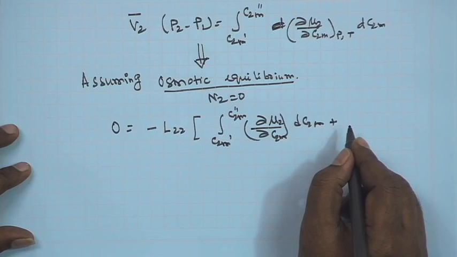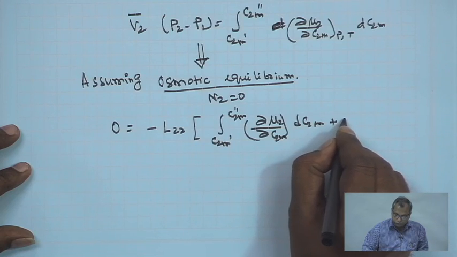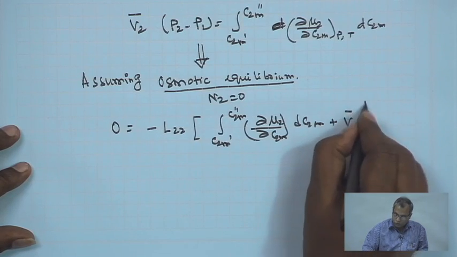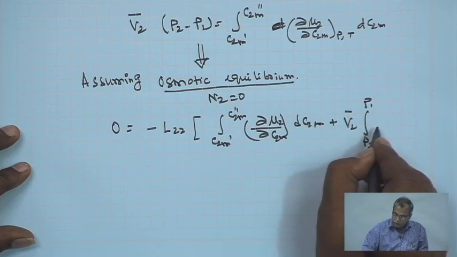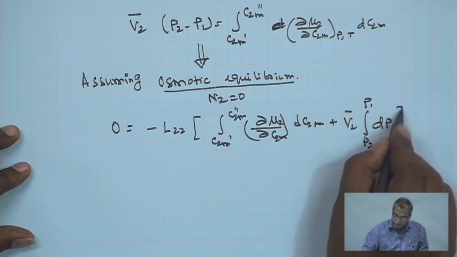We can substitute it using the definition of partial molar volume. So, V2 bar from P2 to P1 will be treated as constant, because it will be constant over the pressure range, times dp.